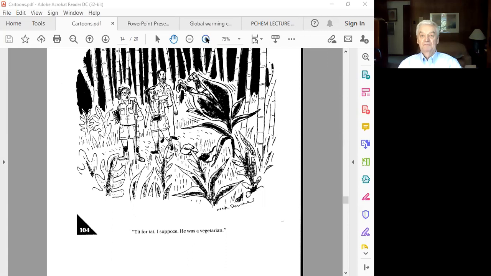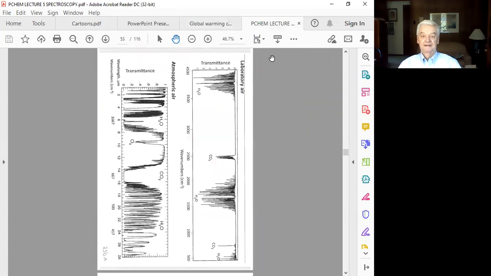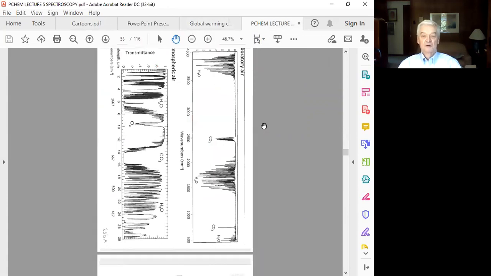Okay, as I promised you, I would tell you about global warming today. Just a reminder of what a spectrum of air looks like. This is the infrared region that you'd run in a typical spectrometer like in an organic lab. Absorption is towards the left.